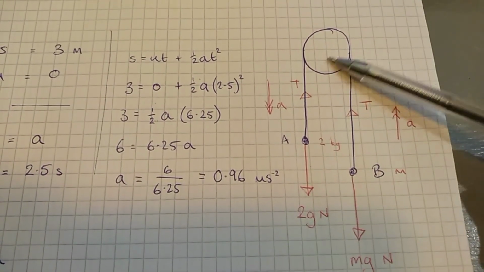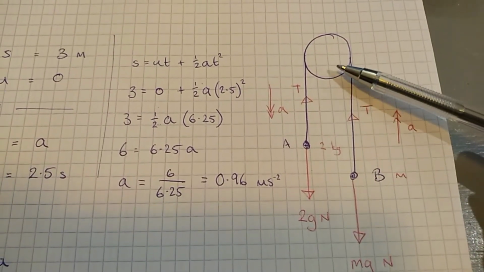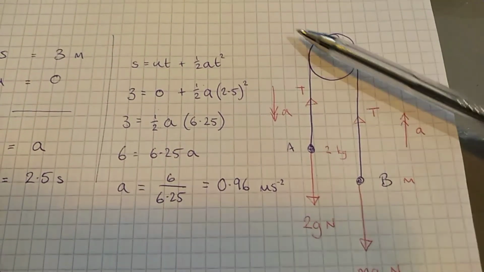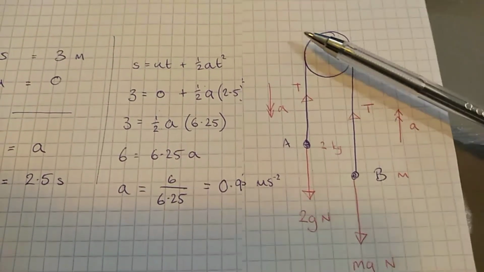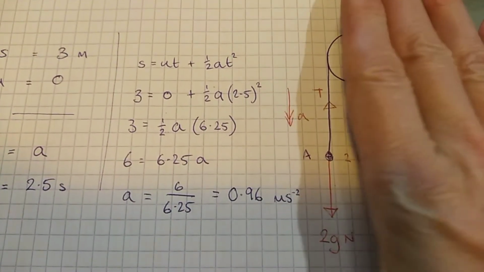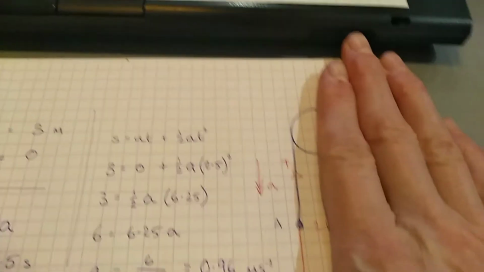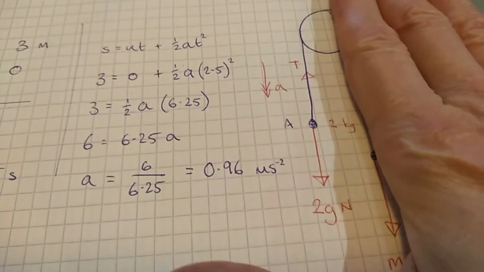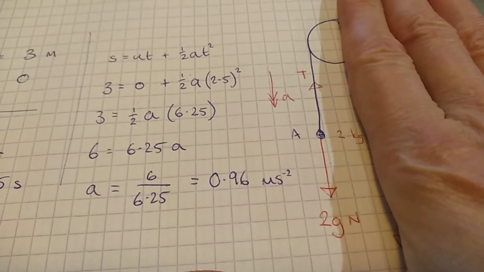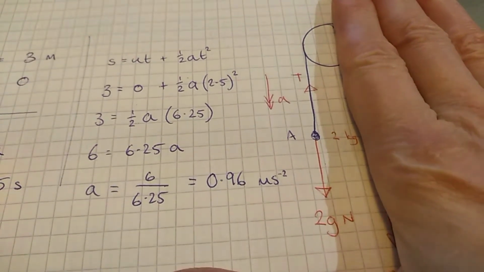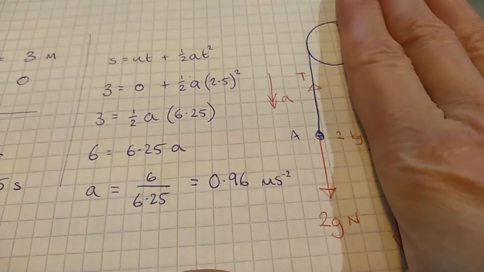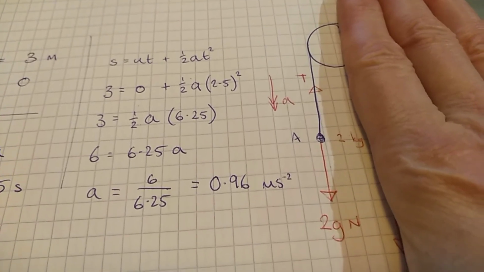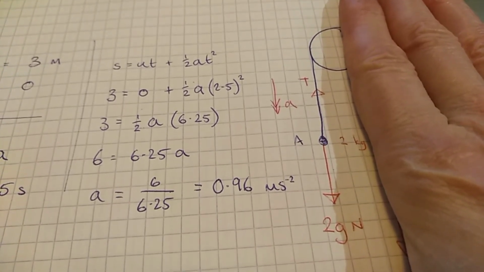So if we consider them separately, for A, well, it's moving downwards. I'm going to put down as the positive direction. We've got 2g force pulling it down, and it's being resisted, not by friction, but by T. And that is producing, so that's our F, and we just need the mass times acceleration on this side.